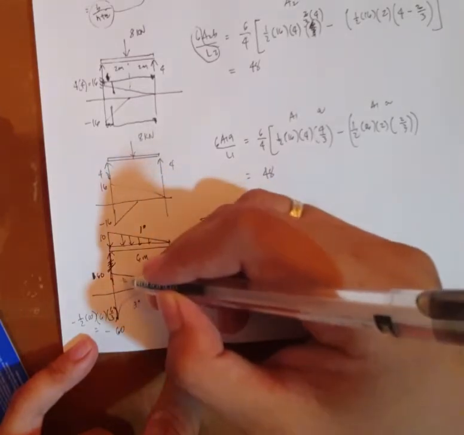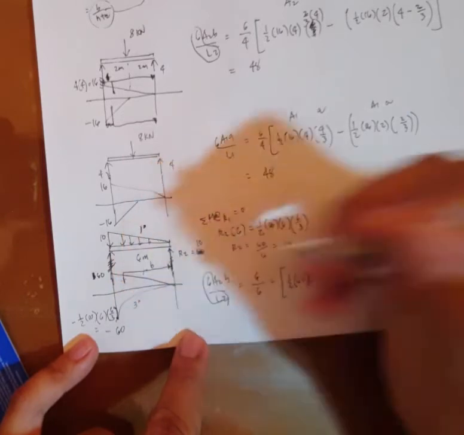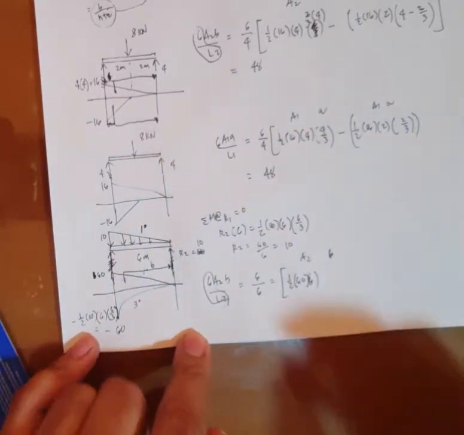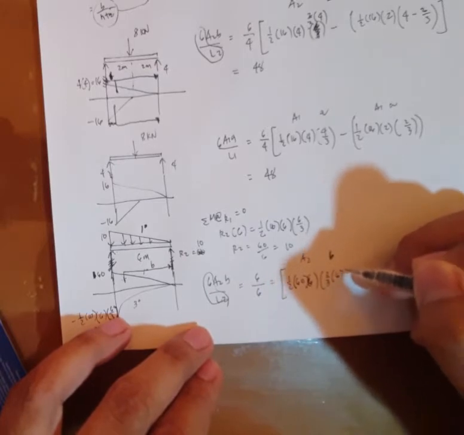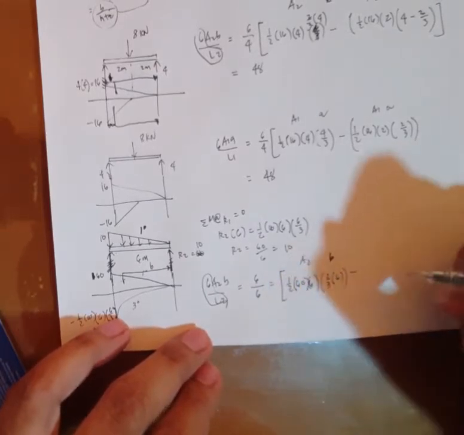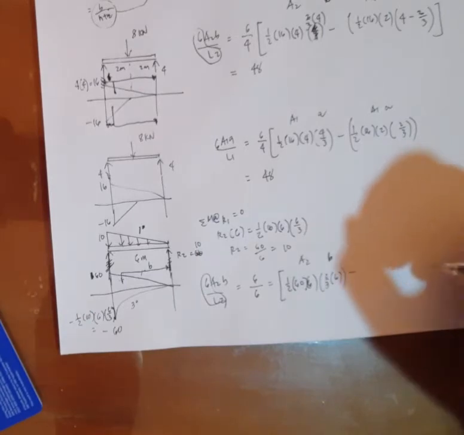B, padulong ka sa right, no? So that is 2/3 of your 6 meters minus another area 2.